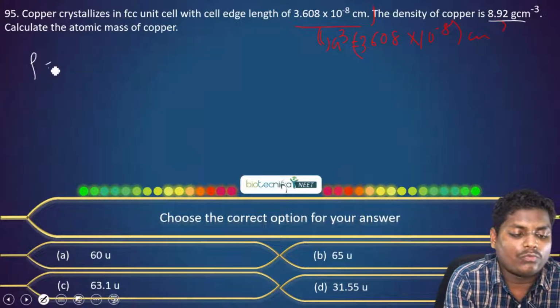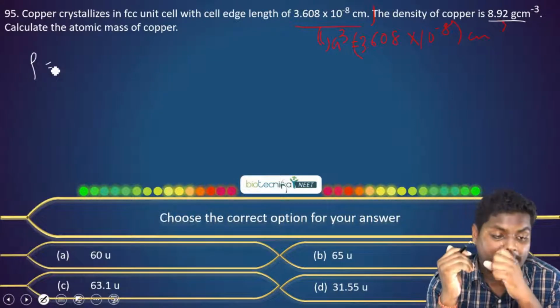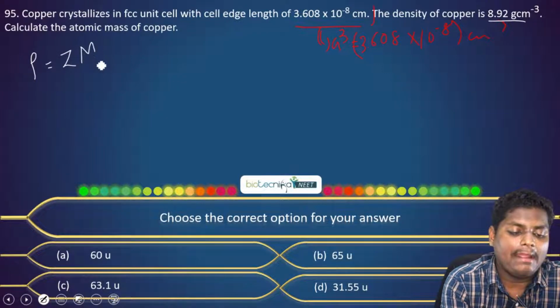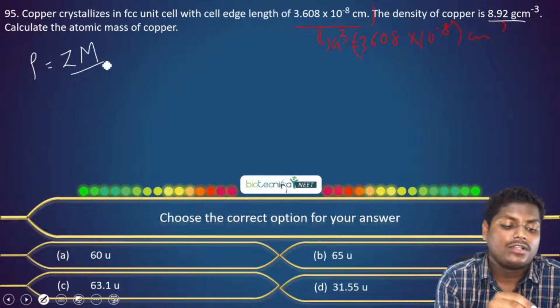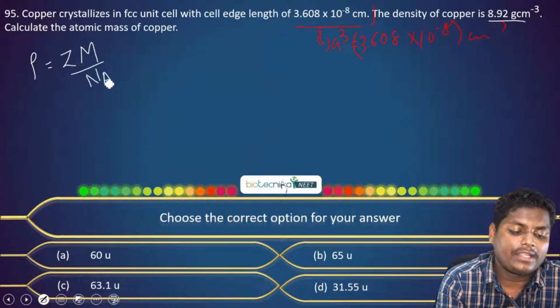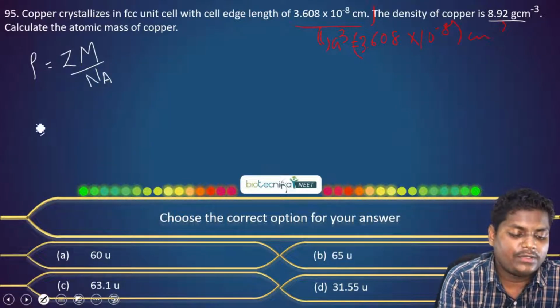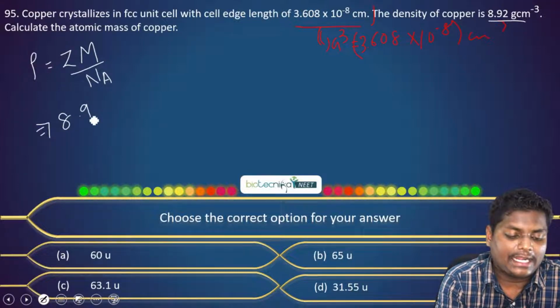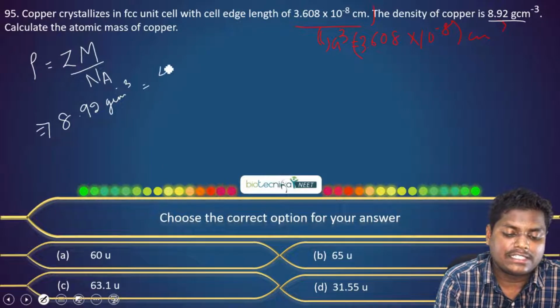So we have just now understood how it is coming. We know rho is equal to Z m, where m is the molar mass, upon Na. Okay, so let's just plug in the values. The density is given to be 8.92 gram per centimeter cube. Z is 4.